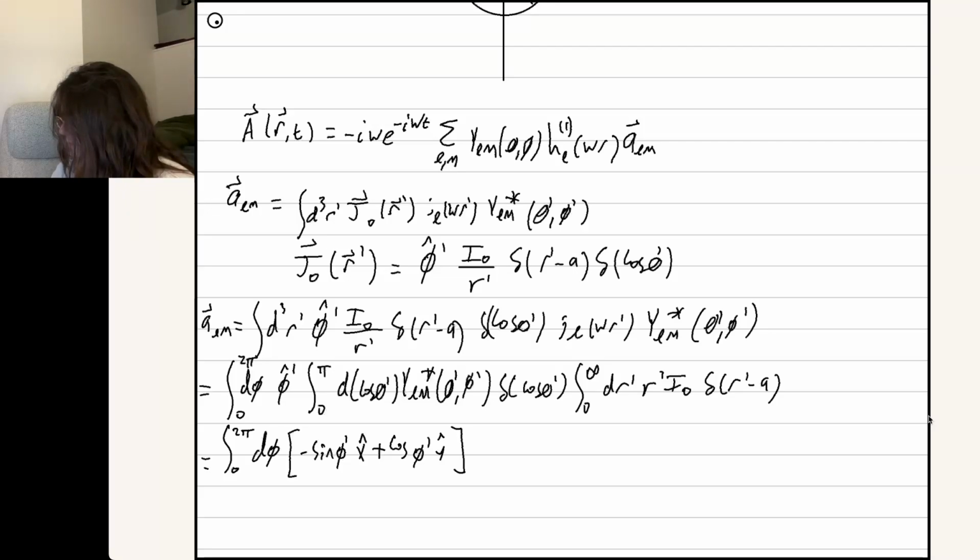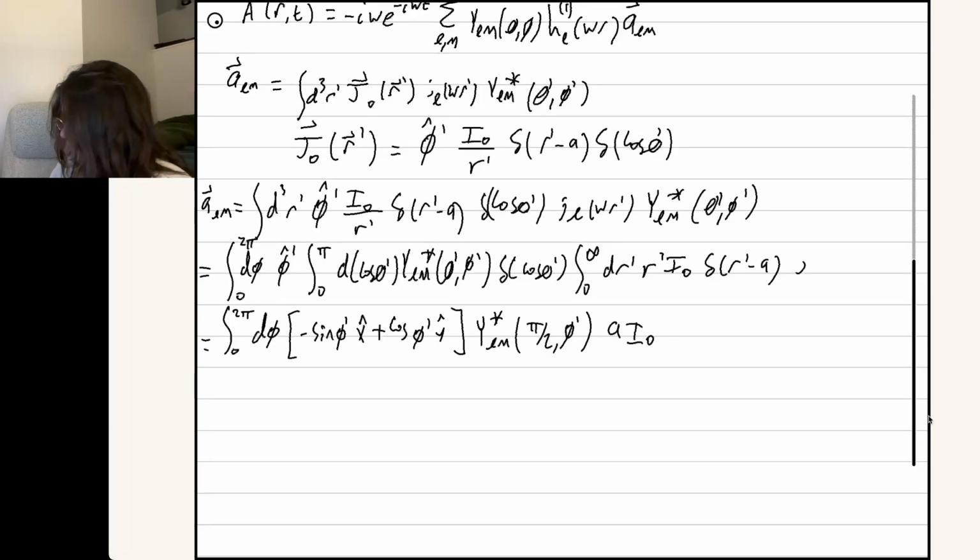It ends up fixing theta at pi halves, like I said before, so this is just Y_lm star of pi halves, phi prime instead. And then we can also calculate the r integral because it is also just a delta function. So that's going to be a times I naught. No, that's not it actually, because I forgot there's a spherical Bessel function here. So it's going to be I naught j_l of omega a.